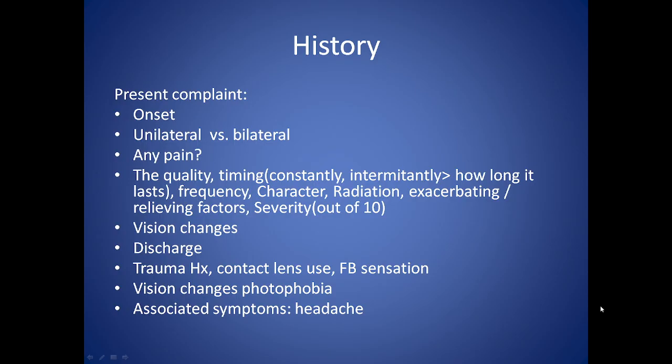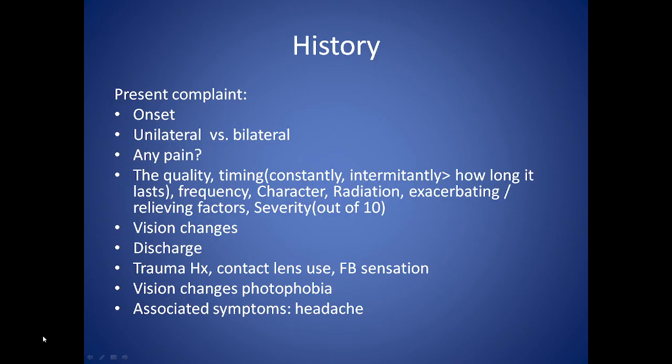Also, asking about associated symptoms is important. For example, if they are experiencing headache, for example in glaucoma, or if they are experiencing any fever, like in infectious diseases, or they have any upper respiratory infection, or if they are in contact with someone who had a red eye.